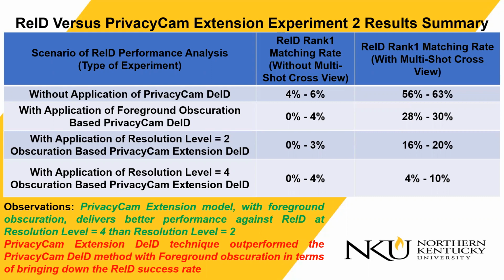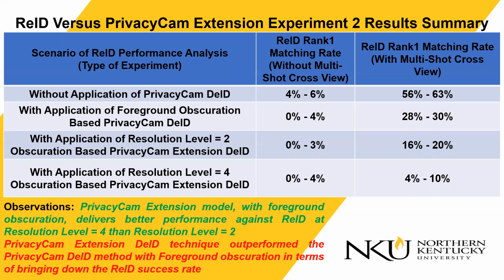And even further, if we go down to resolution level 4 on the privacy cam extension DeID version, we see that the multi-shot cross view ReID rank 1 matching rate drops to 4% to 10%, which is single digit figures. That means an average of about 7%, which is significant.